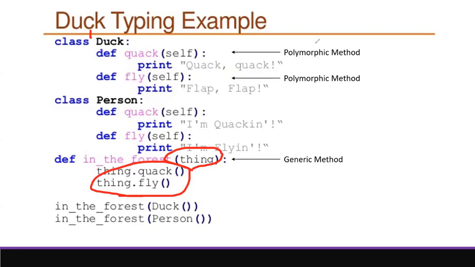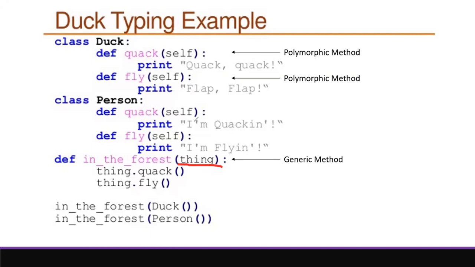Is that okay? What is thing? Hmm? Thing. Unknown thing. It can be duck, it can be person. Okay. So you pass a duck to there and pass a person to there, it both work. Just like draw function, draw can draw a rectangle and draw an oval or draw anything, as long as it has the function.